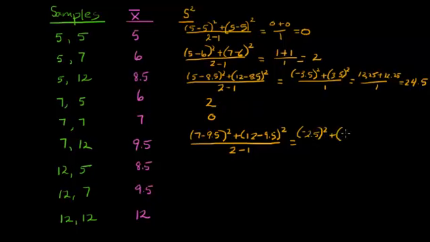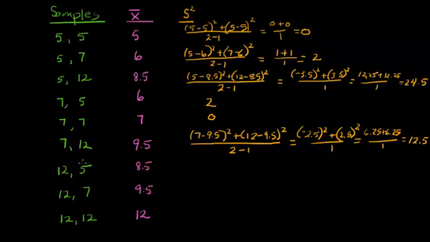And 12 minus 9.5, that's positive 2.5, all over 1. And these are both 6.25. And we add those up and you get 12 and a half, 12.5.